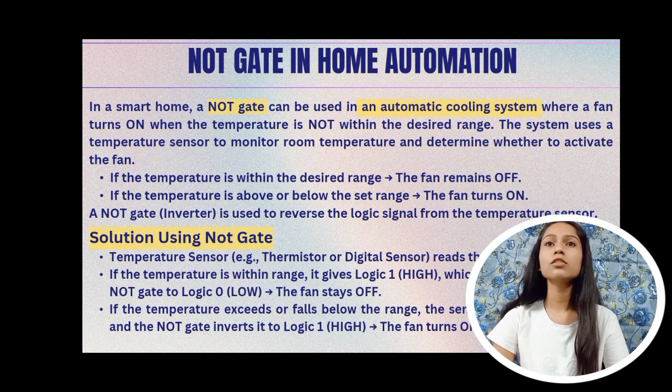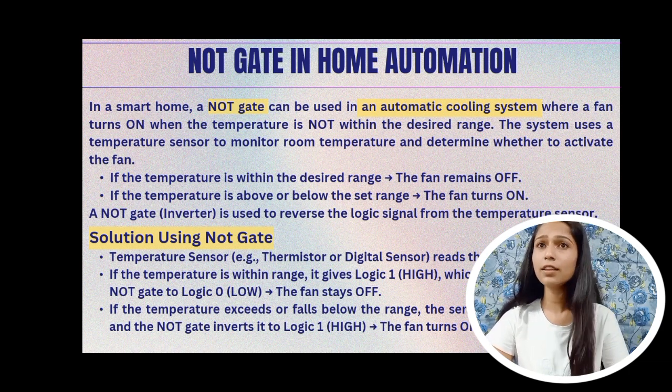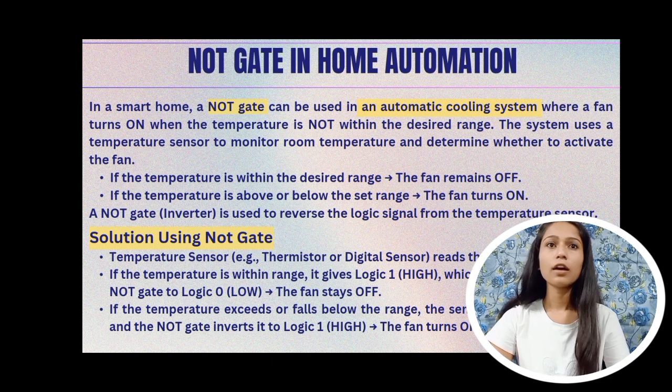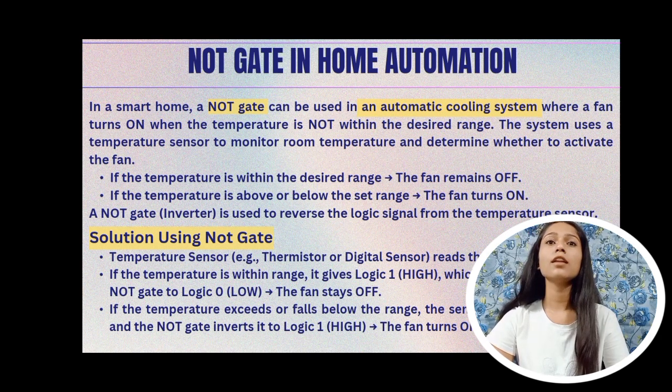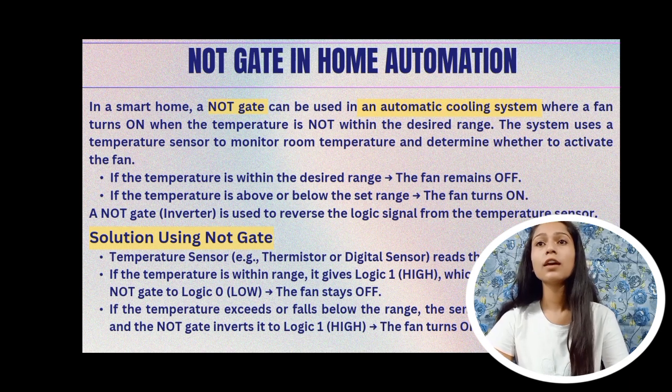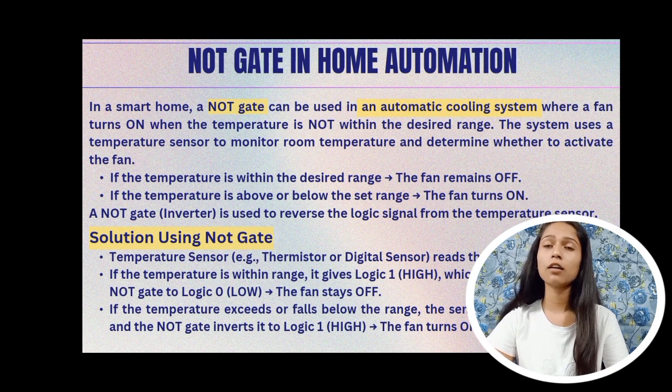The solution using a NOT gate: the temperature sensor reads the temperature. If the temperature is within the range, it gives logic 1, which is inverted by the NOT gate to logic 0. The fan stays off, and if the temperature is not within the range, the temperature sensor will return 0 and the NOT gate inverts it to 1, and then the fan turns on.